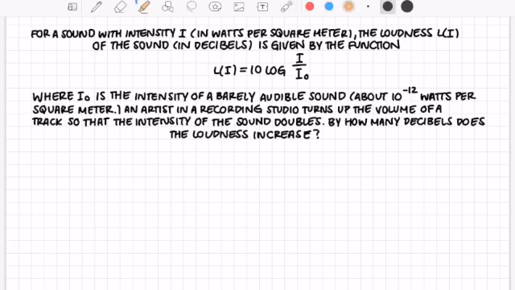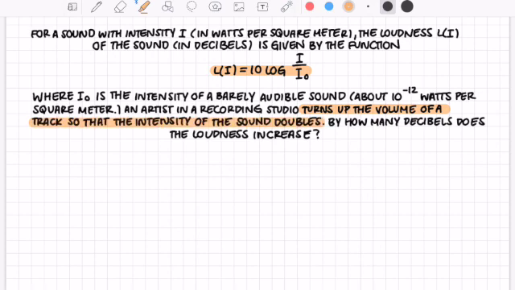Important parts of this are that we have our formula, which is L of I equals 10 log I over I-O. It also tells us that an artist in the recording studio turns up the volume of a track so that the intensity of the sound doubles.